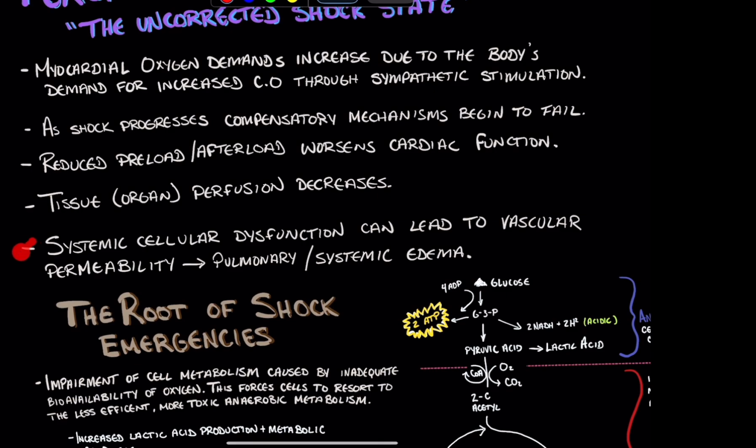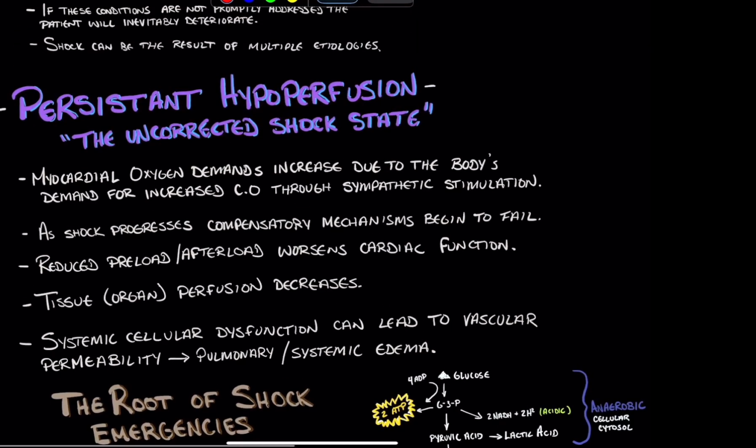And these waste products that anaerobic activity creates will inevitably lead to cellular dysfunction, can lead to cellular death and breakdown. It increases vascular permeability. So if you think of your capillary beds, they'll start to open up and leak fluids out, which can end up leading to pulmonary or systemic edema if it's left uncorrected for too long.